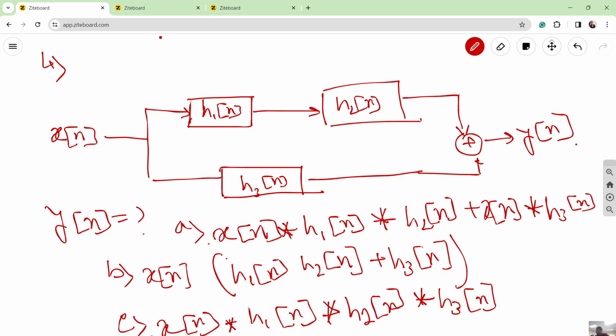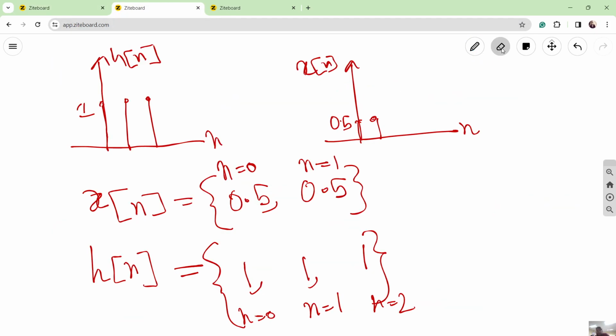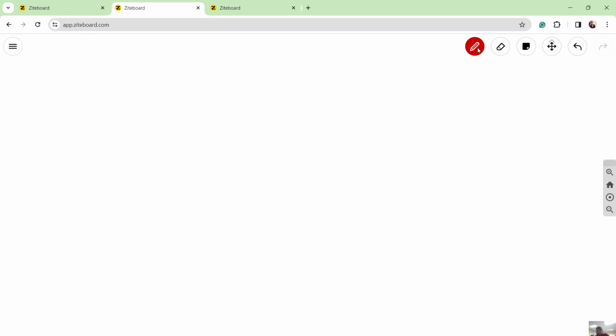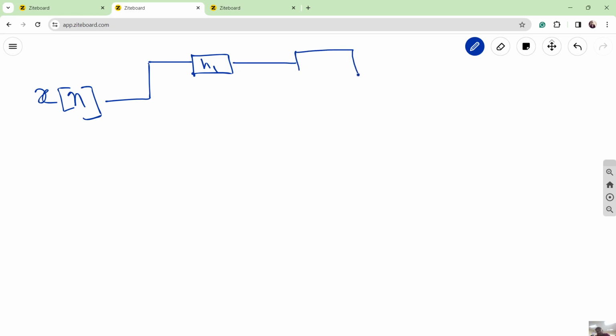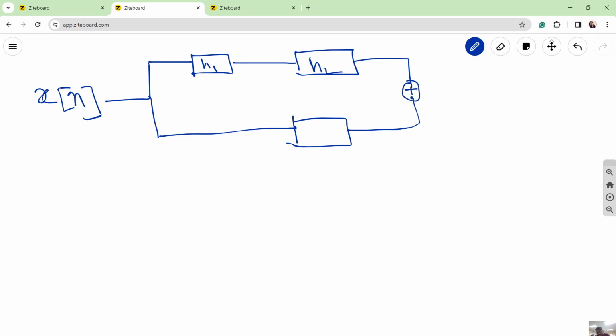So we solve it. The system is x of n. It goes through in the first branch, it is h1, then it goes through a box h2, and then it sums up with another branch, that is h3, then it is out.